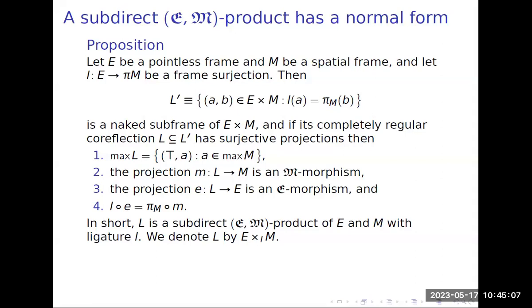So that means that's the pointless part of L. And of course, the diagram commutes by construction. Okay. So in short, what this means is that L, should it have surjective projections, is the subdirect EM product of E and M, the ligature L. Okay. I will denote that by E cross M with the X subscripted by L. Right? So it's a special gadget sitting down inside the subdirect product.